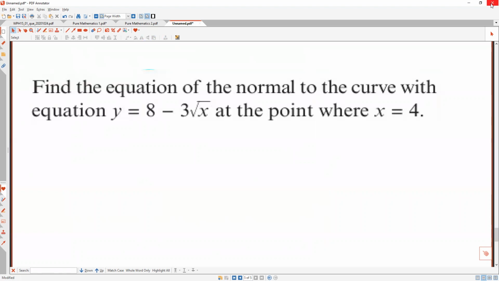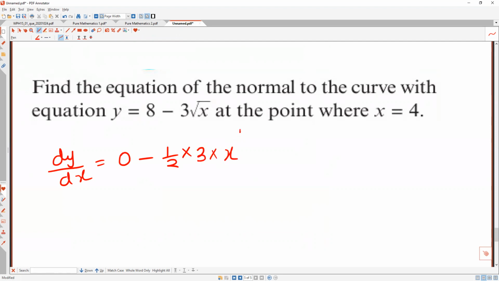So what would you do? You would do dy by dx of this. First, you find dy by dx, which is 0 minus half into 3 into x raised to minus half.